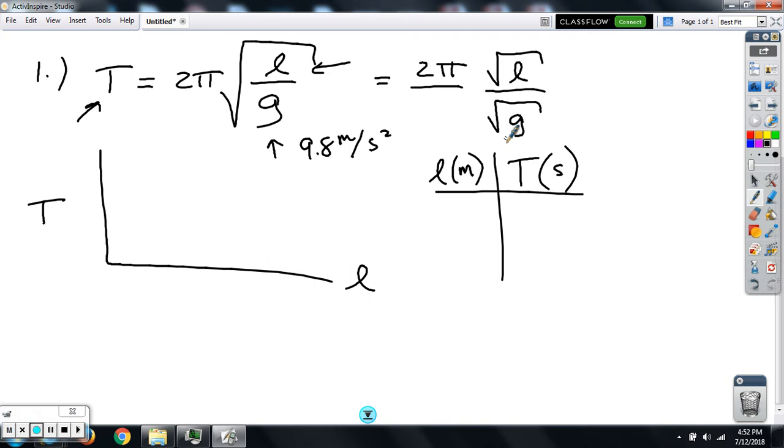So that's identical, and I can just shift this over to the left here. It doesn't matter, because this whole thing is 2 pi times the square root of L divided by the square root of g. So I can make it look more like this, and that's the same thing. But what you see in this form is that this is just a constant.